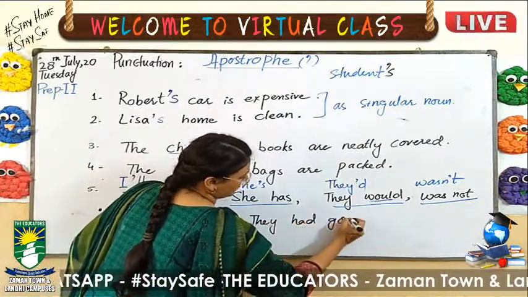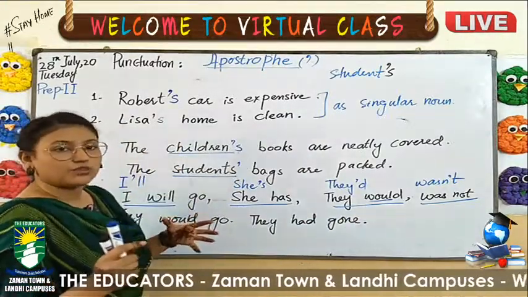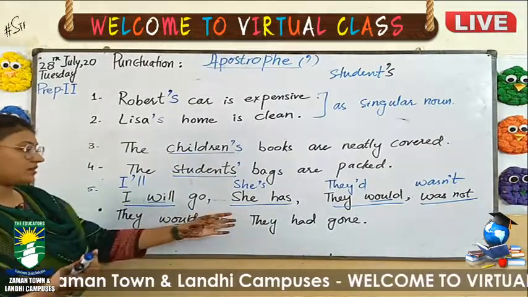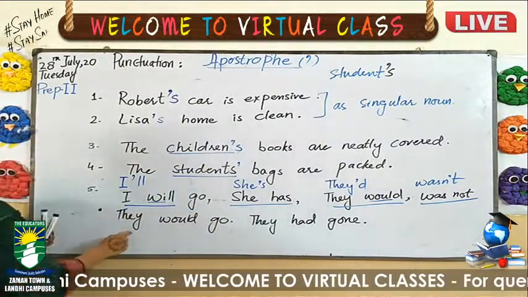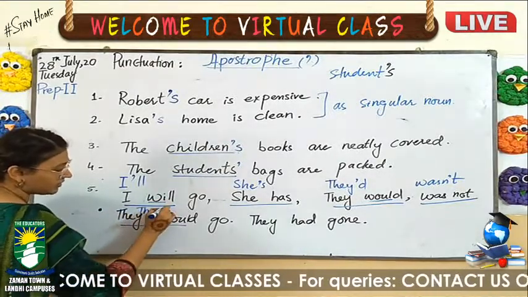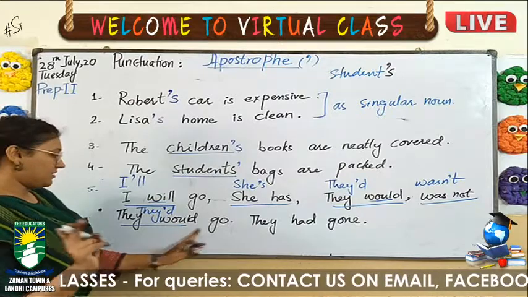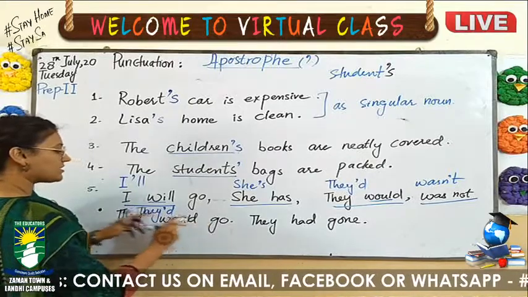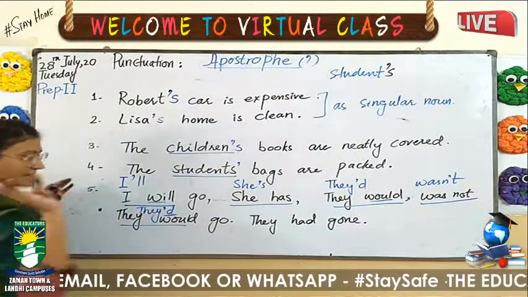They had gone. How would we understand? This is the complexity you may feel while reading, that there is a contraction present and you are not getting which tense is being followed. They would go: when we make the contraction, it will become they'd. After that we have the main verb. So we will understand that they'd go means D is would.